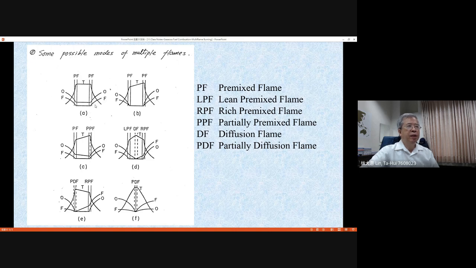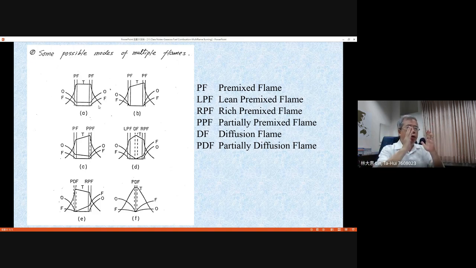Then you expect you will have a so-called premix flame. Actually, you can specify this as the lean premix flame. Here LPF represents lean premix flame, or you can simply call it a premix flame in this case because both of them are premixed, and they are identical.